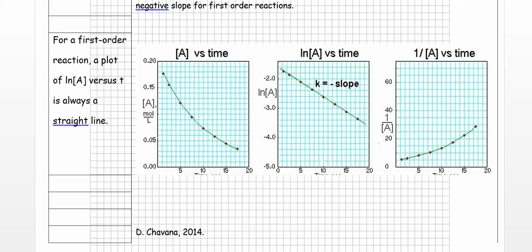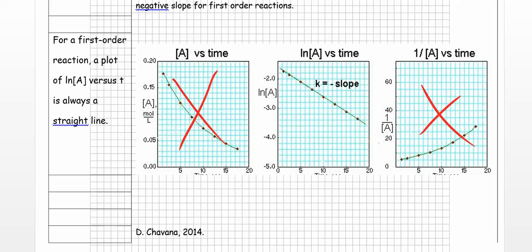Again, remember for zero order kinetics, concentration versus time was a straight line. It had a negative slope. That wasn't a problem for us. But it was concentration versus time that gave us a straight line. This time it does not give us a straight line. Notice also if we look at the reciprocal of concentration versus time, no straight line.